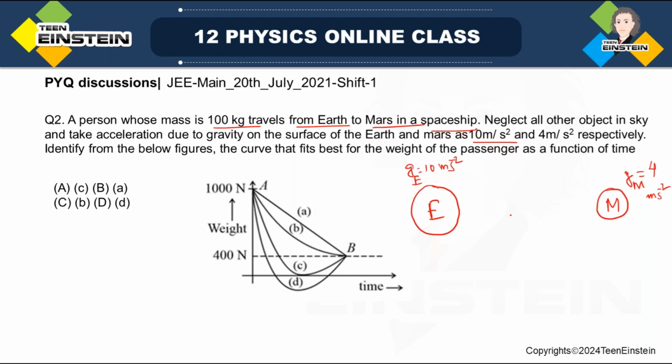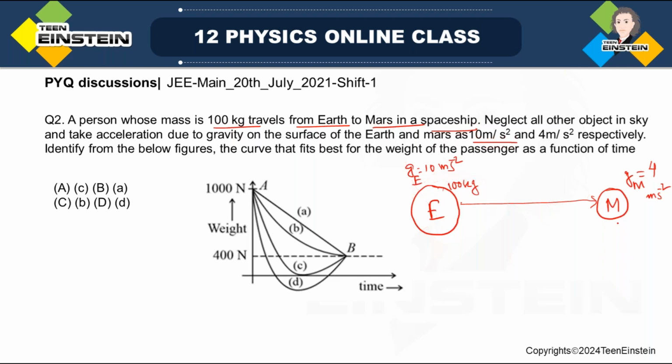Now suppose a person whose mass is 100 kg is on the surface of the Earth, and in a spaceship he is going towards Mars.